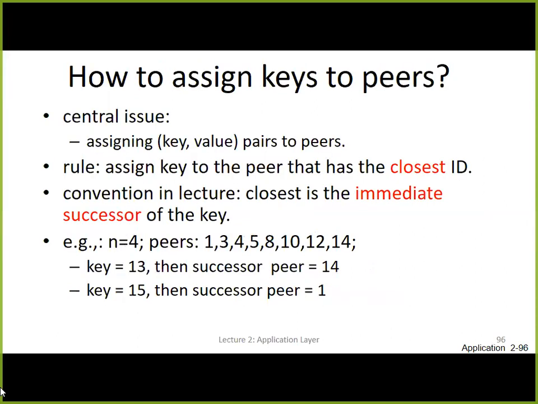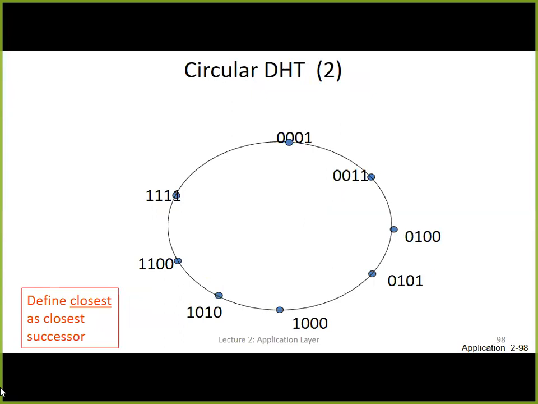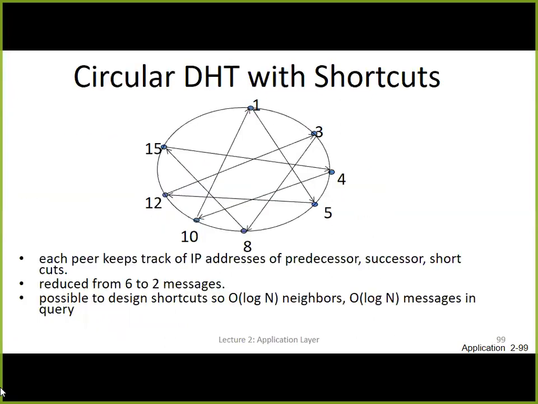So in the worst case, if you don't have any shortcuts, you're going to have to make n hops around your distributed hash table, okay? And so we could get around that by implementing shortcuts. And if you choose your shortcuts well, you can cut down your lookup time so that you can get big O of log n messages to answer your queries.